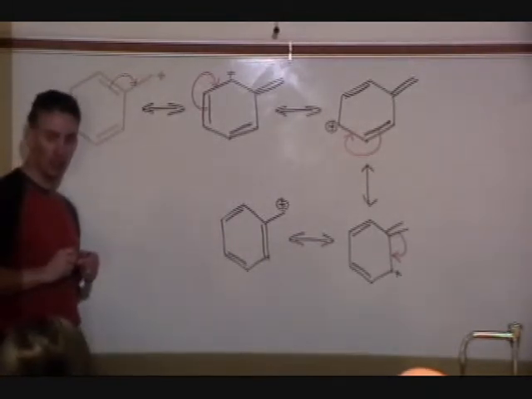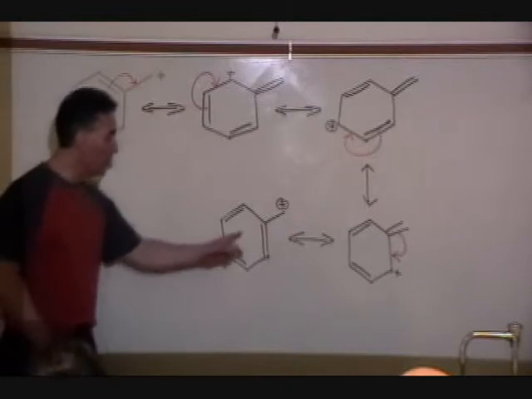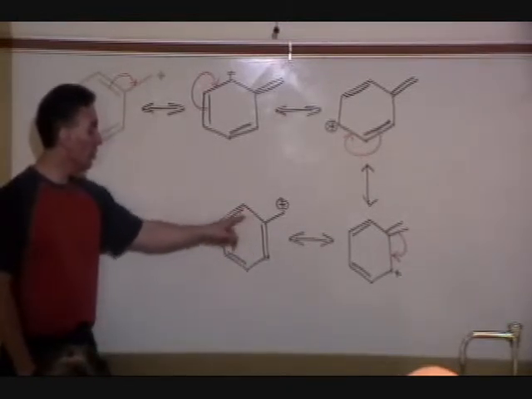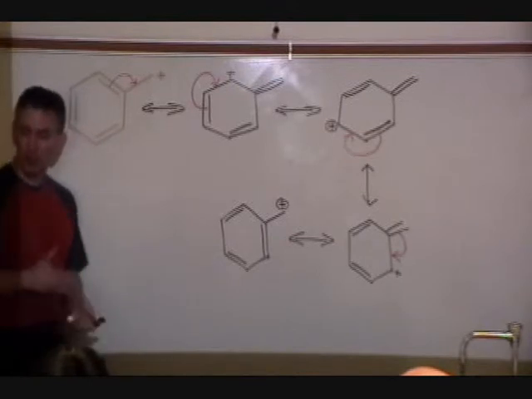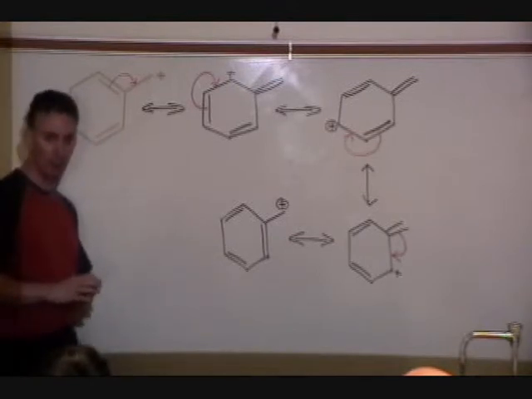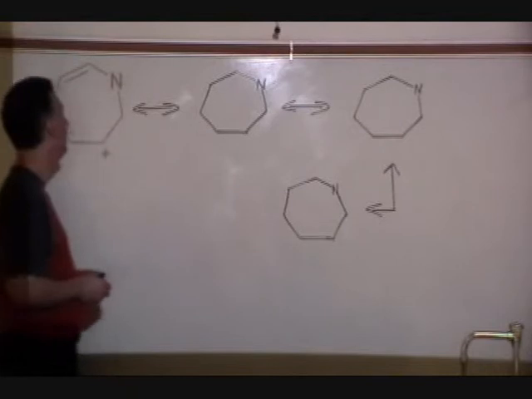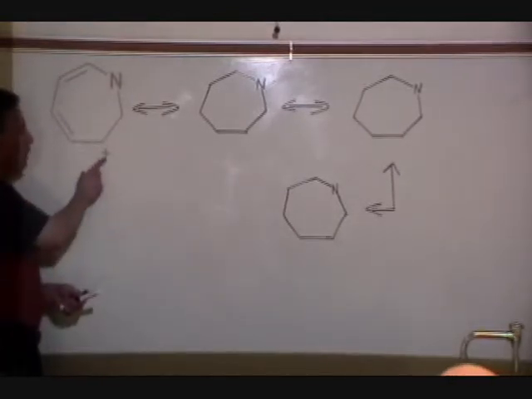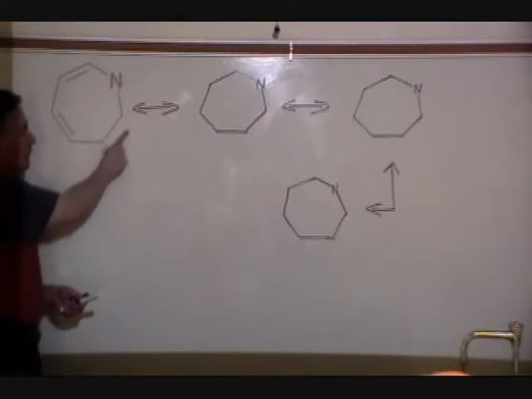There's 5 resonance structures in all. Note that this one is different from the first one because the alternating pi bonds are on the opposing carbons, so it's not the same resonance structure. Look at the first structure. We have a positive charge in this corner. There's nothing to help us on this side, no lone pairs, no pi bonds connected.